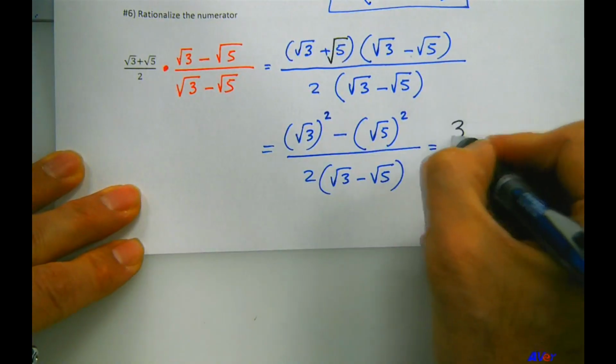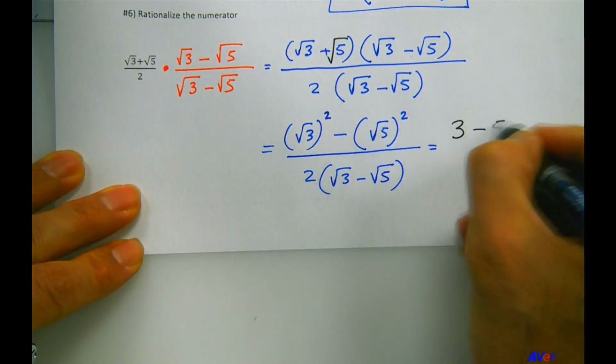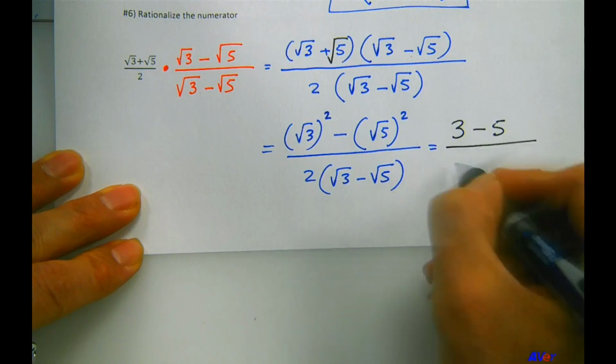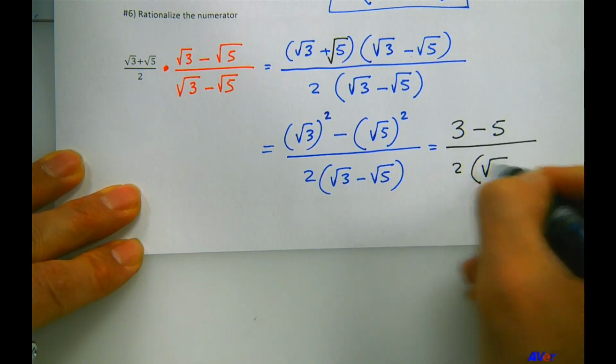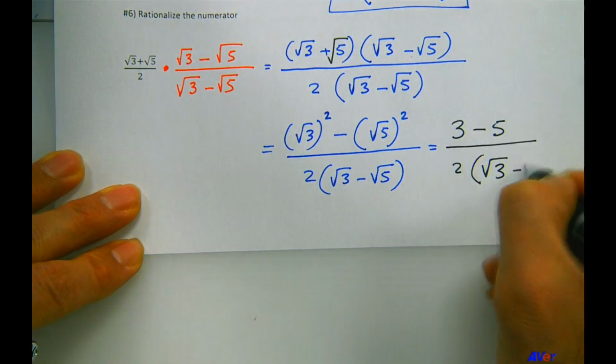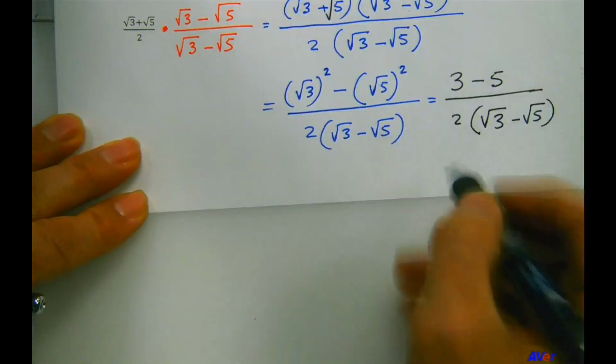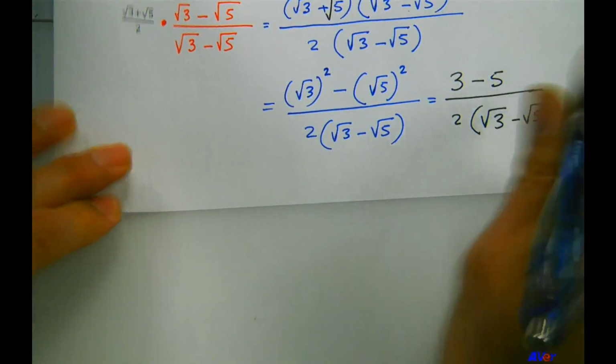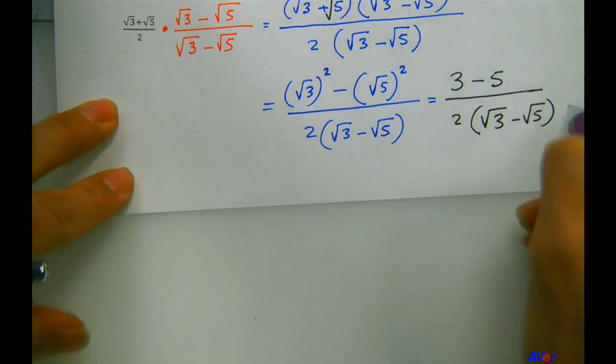So this will be 3 minus 5, divided by 2 times (square root of 3 minus square root of 5). And that is minus 2, right?